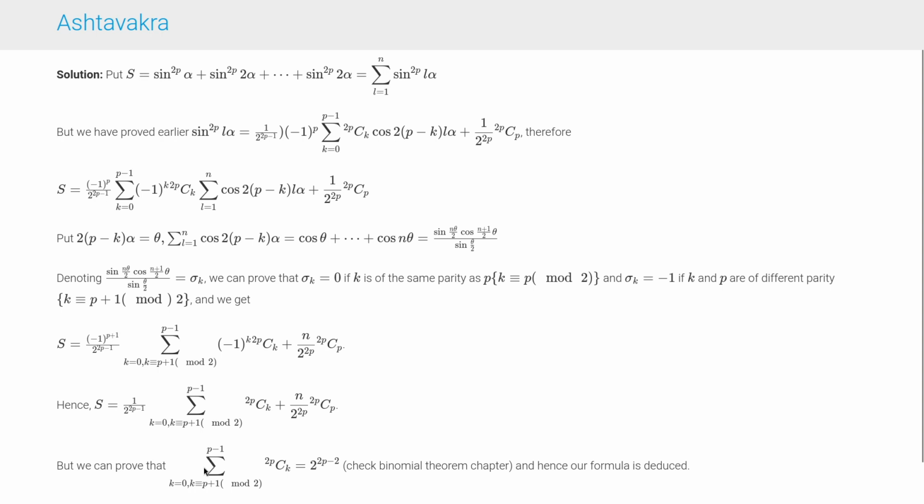But we can prove that sigma k equals 0, k equivalent to p plus 1 mod 2, up to p minus 1 of 2pCk is equal to 2 to the power 2p minus 1, and thus we have proven the desired result.